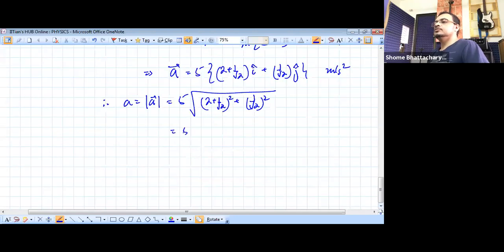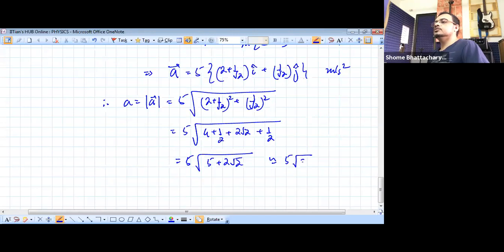So that would have been 5 into square root of 4 plus half plus 2 root 2 plus 1 by 2. That is 5 into square root of 5 plus 2 root 2, which is approximately again simple. 5 into square root of 7.8 or approximately 14. Okay, so this is the alternate way of doing this by component.